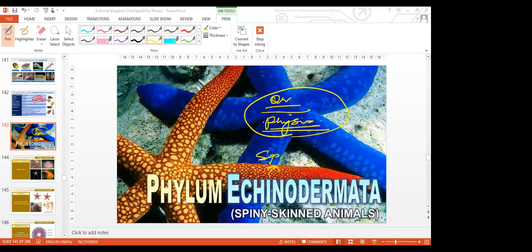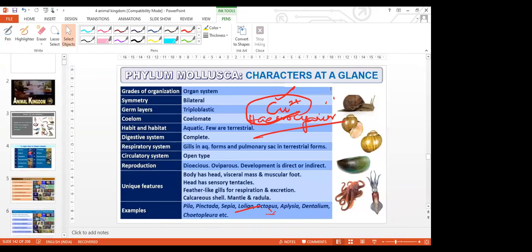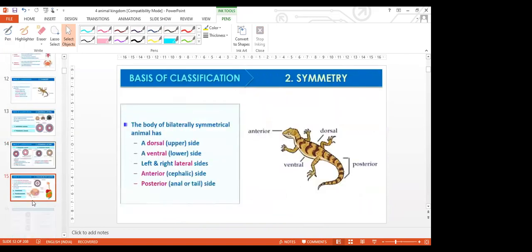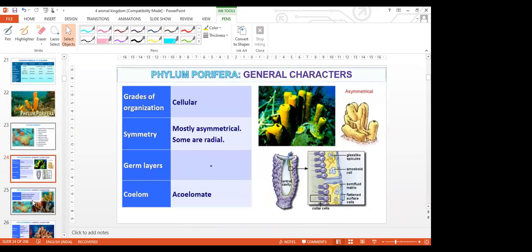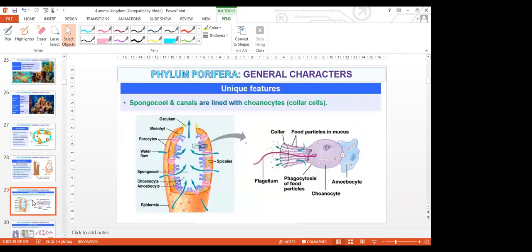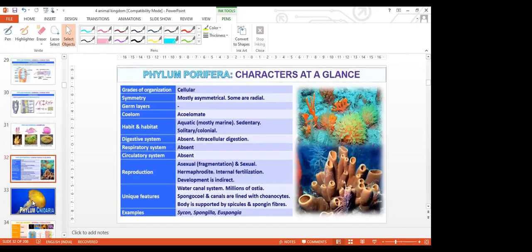Porifera. Okay, thank you. Bye. Yeah, this is Porifera. What do you want? The final summary? Yes, ma'am. Okay, this is the summary. Thank you, ma'am.